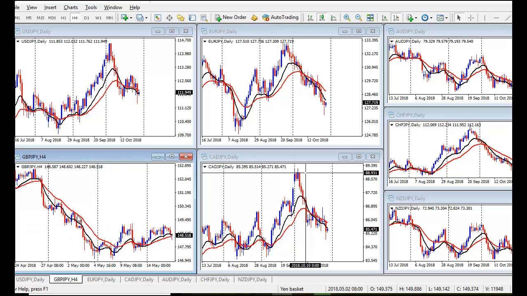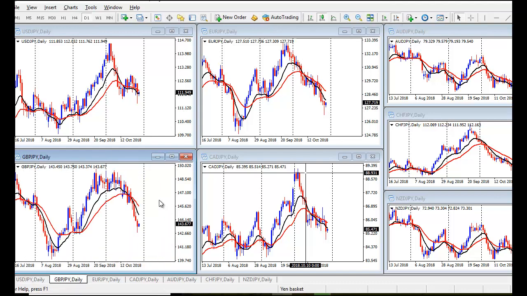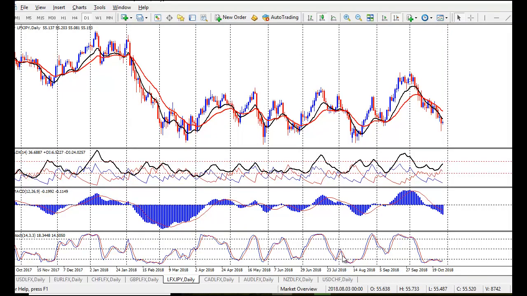So you can see this was the downtrend. Obviously right now it is in a range, but overall it was a nice downtrend for the pound yen. So overall, on the yen, you can see the Swiss yen was heading down and the pound yen was heading down. So yen overall was a currency which was moving down, right? So you had sell opportunities on yen pairs.